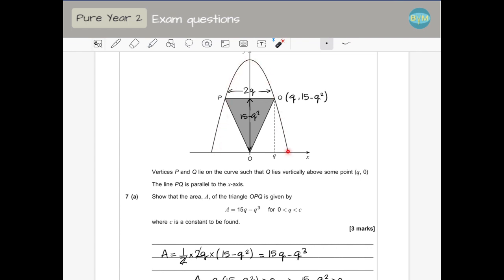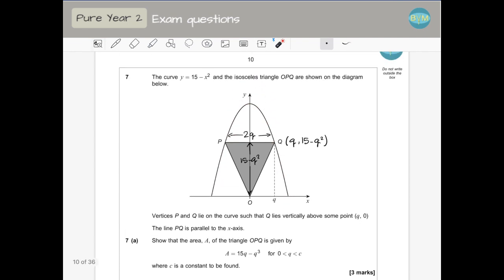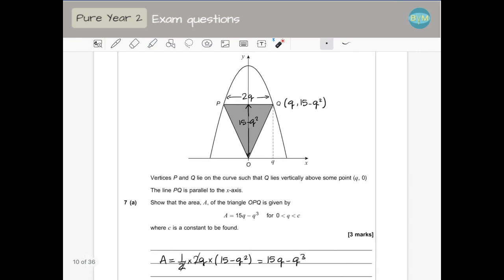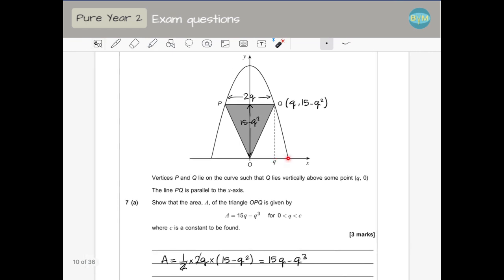The root of the quadratic is what makes this equal to 0, which is precisely root 15. So either way, you could think about it: making the area positive, or just thinking that this value can go up to here, and this value is root 15.